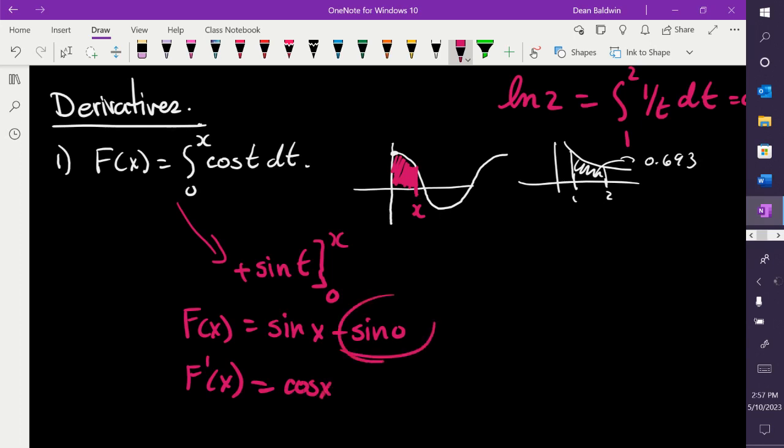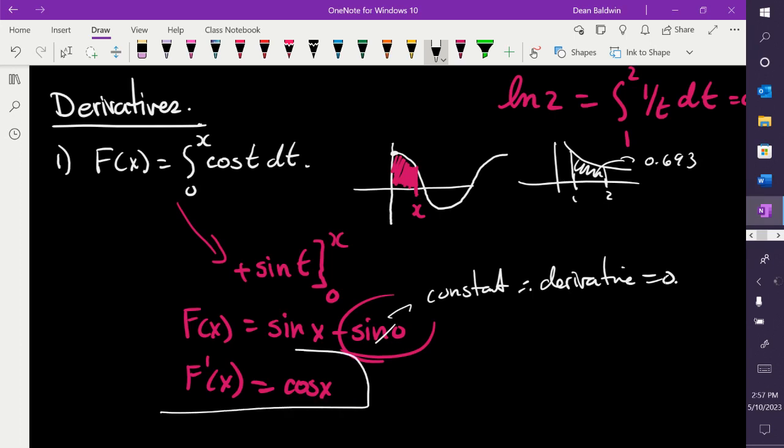Why is it 0? Because it's a constant. Constant, therefore, derivative equals 0. So that goes away. So we end up with this. What's the fast way without going through all this stuff to get to here?